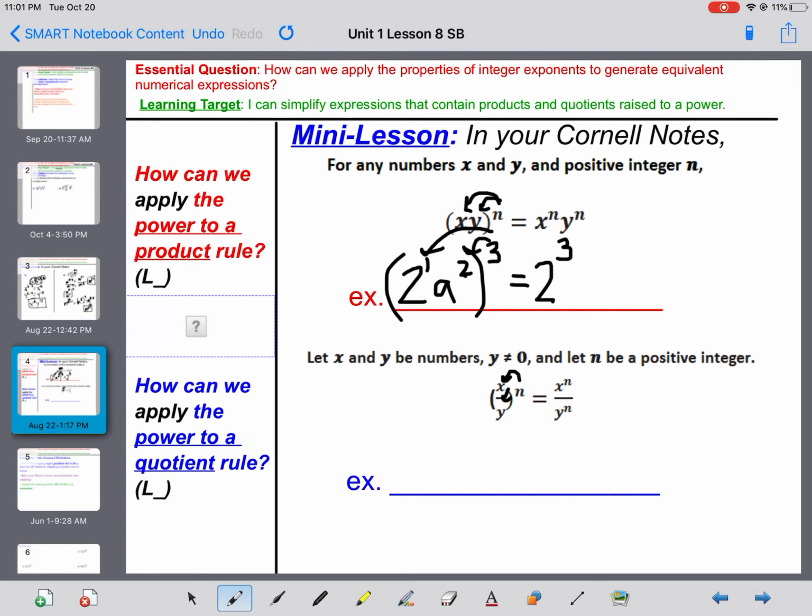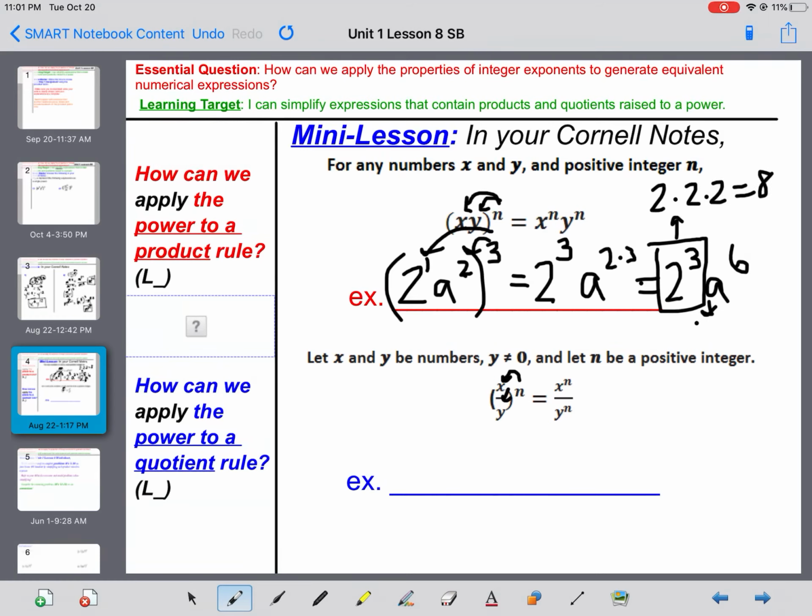So 2 would now be raised to the 3rd power, and a would be raised to the 2 times the 3rd power, which is 2 raised to the 3rd power, a raised to the 6th power. Since we have 2 raised to the 3rd power, we want to multiply that out. 2 times 2 times 2 equals 8. So our new answer is 8a raised to the 6th power.